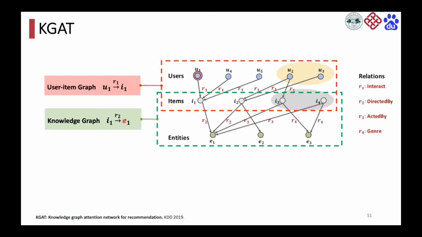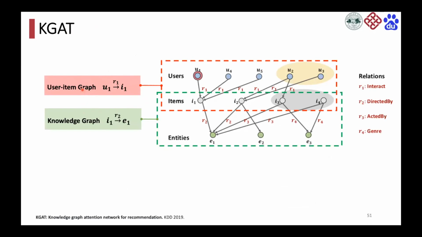Another method is the knowledge graph enhanced graph neural network based method, KGAT, which was proposed in KDD 2019. Here, KGAT incorporates the knowledge graph into the recommendation task.